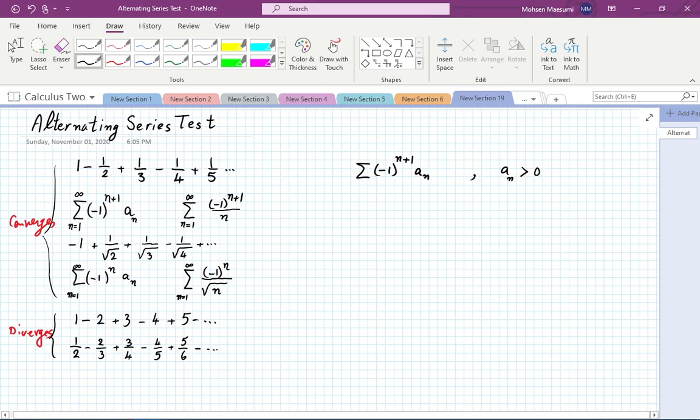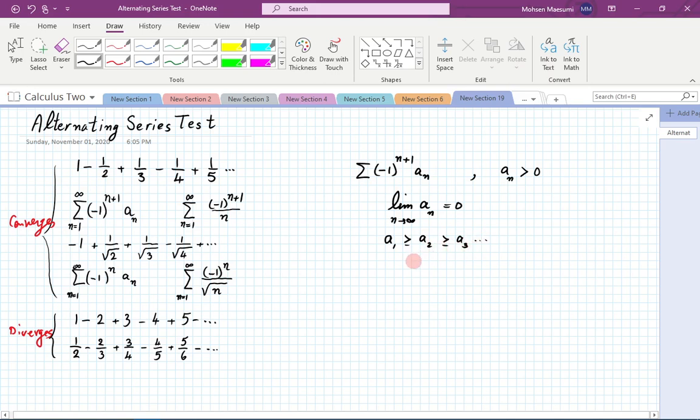The alternating series test says that if the limit of these elements of the term of the series is 0, and that they are decreasing, that is, a_1 is more than or equal to a_2, and that is more than or equal to a_3, and so on.